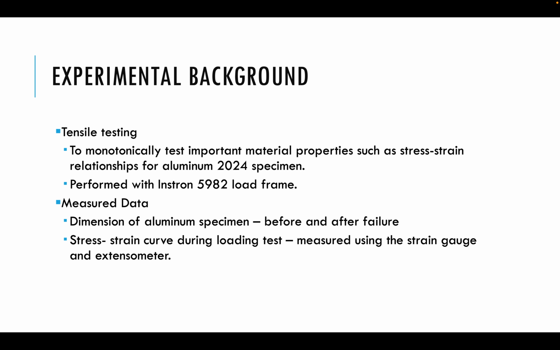These measurements included the dimensions of the aluminum specimen before and after failure and the stress-strain curve during the loading test, which was measured using strain gauges and an extensometer. With this experimental background, we can now take a look at the results.